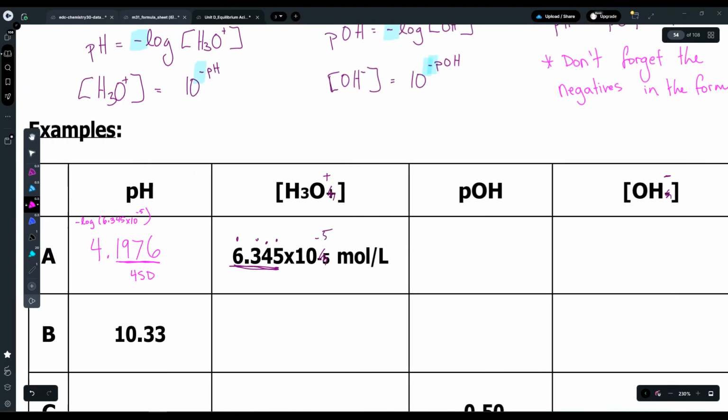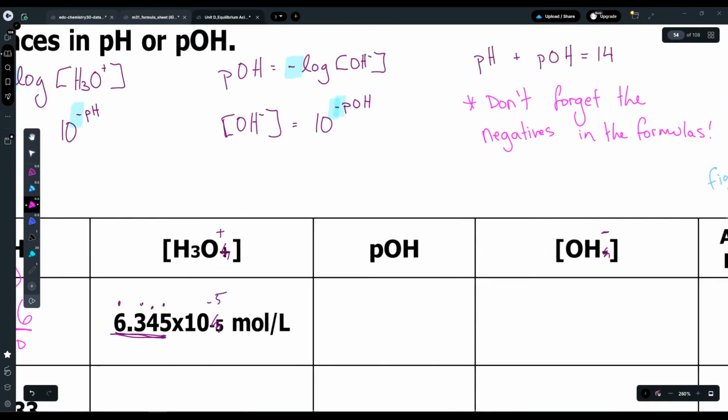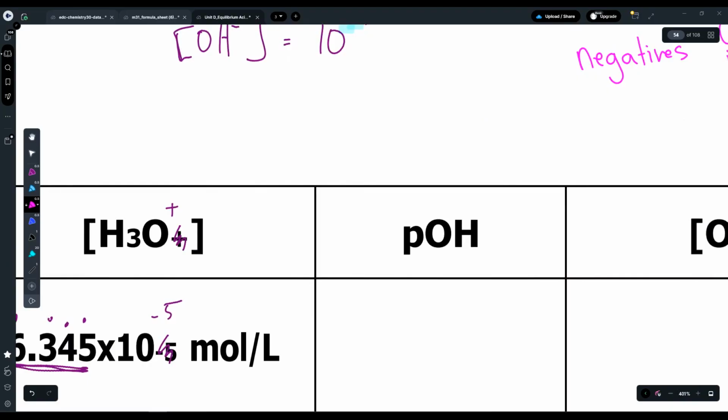Okay, so now that we have pH, the question is asking us to determine pOH. So what I can do is use this, pH plus pOH is equal to 14, but what I'm going to do is subtract the pH over to isolate for pOH, since that's what we're looking for.